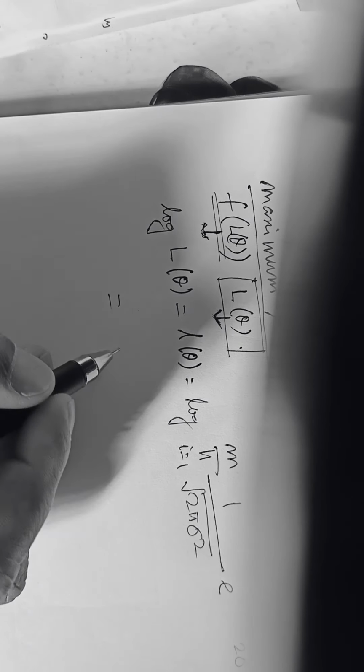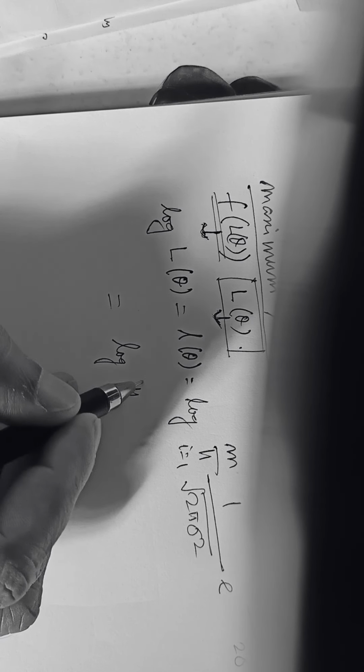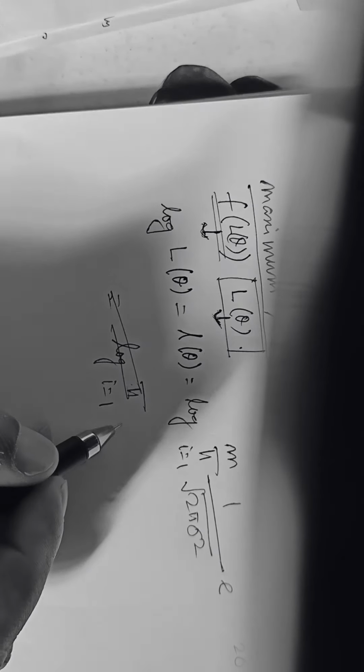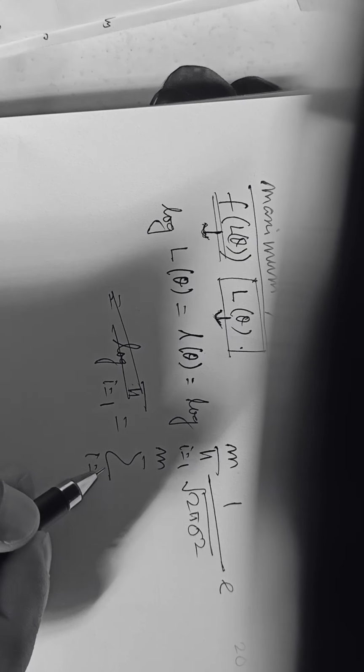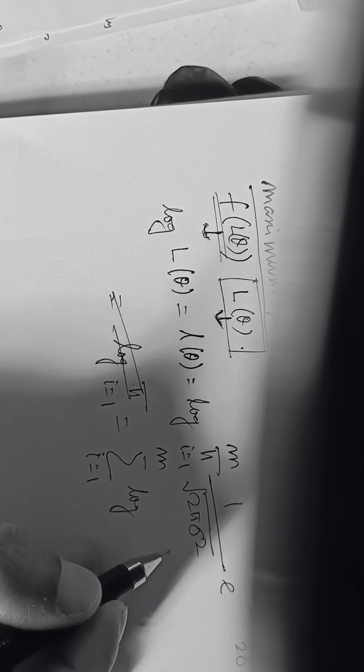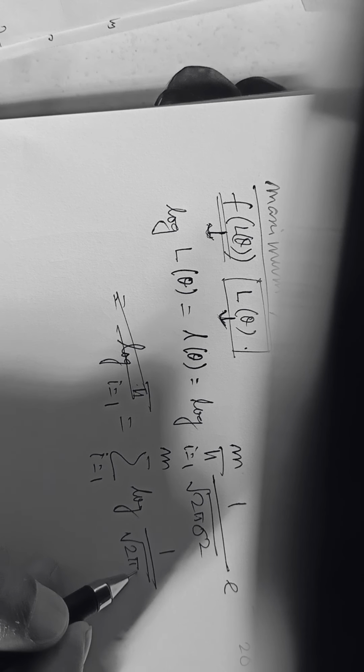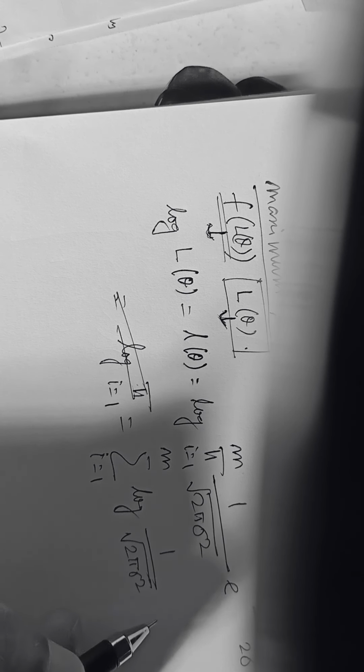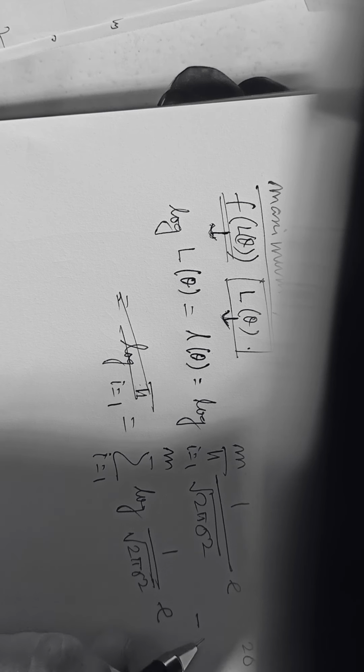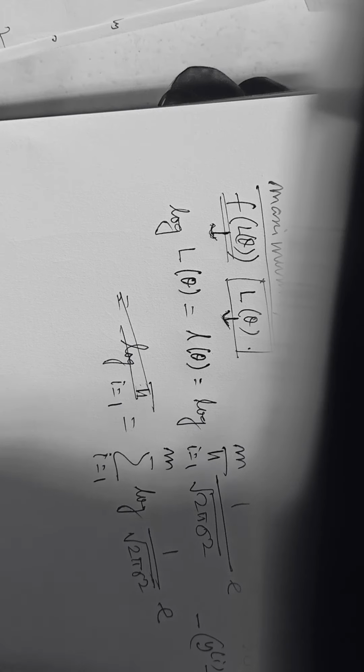Therefore here we can write log of the product, i equals 1 to m, so this term will be equal to the sum of i equals 1 to m of log of 1 by root 2 pi sigma square, e to the power minus (y minus theta transpose x) whole square by 2 sigma square.